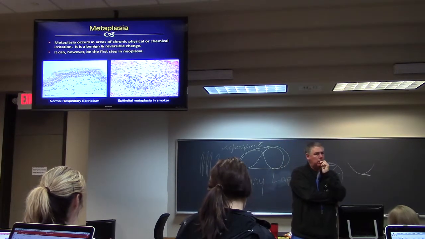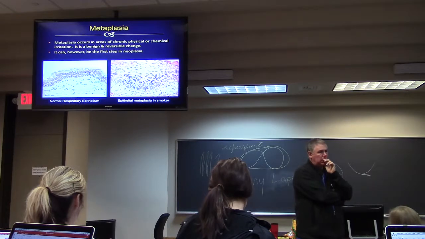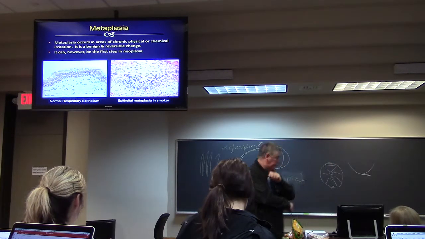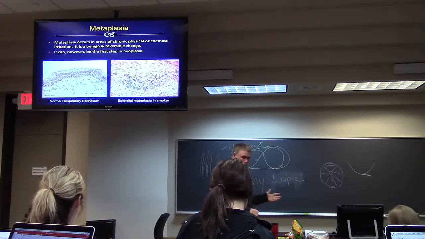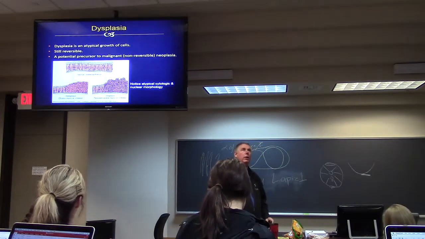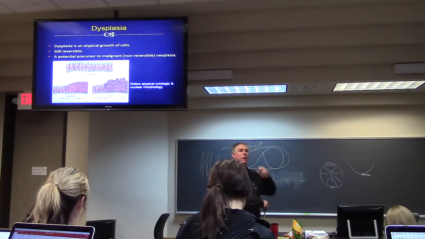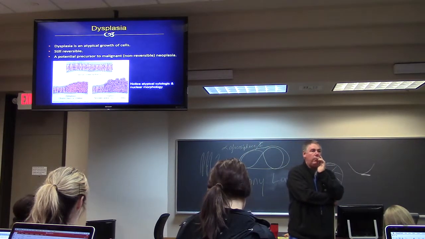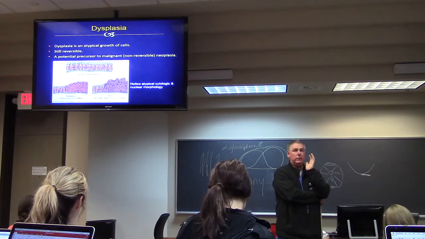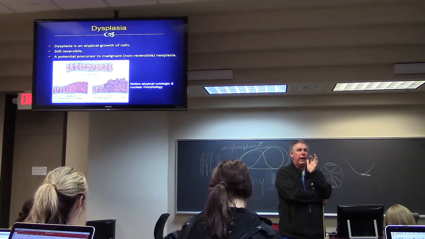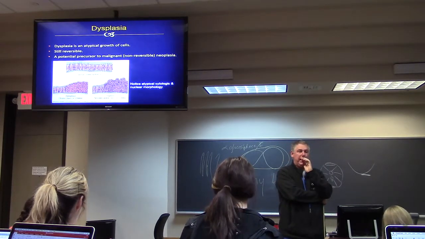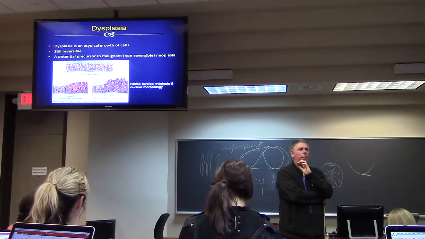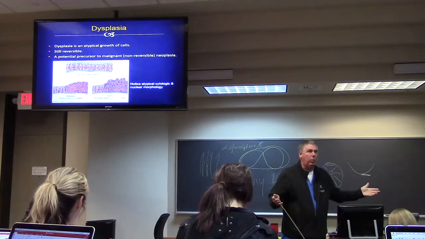What about the transition zone in the cervix? Would that be metaplasia? No, that's going to be dysplasia. Let's talk about that for a second. Dysplasia is the substitution of the normal epithelium by cells that are definitely changed. They're not cervical anymore.